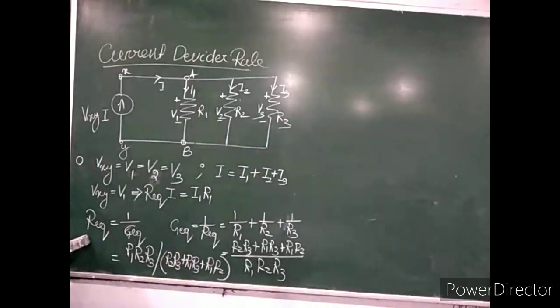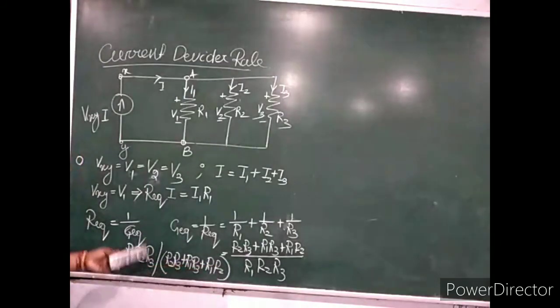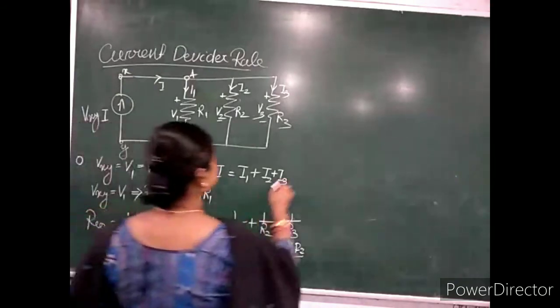This is the total resistance, this one is the total conductance. So I put this value here. So what is the equation?